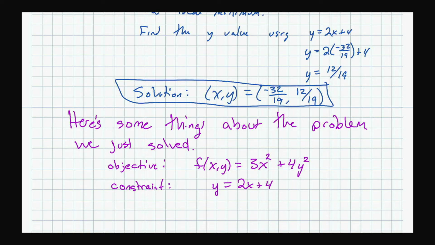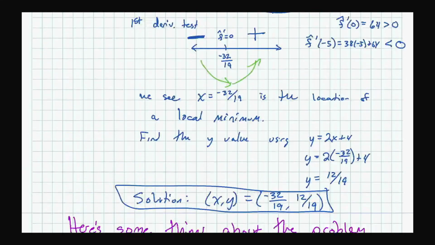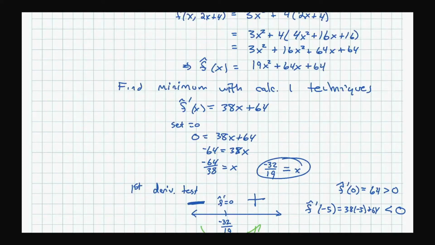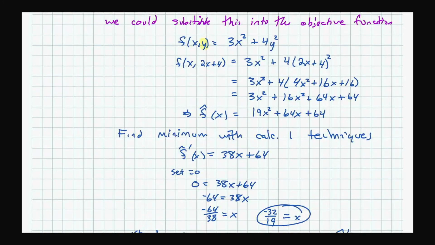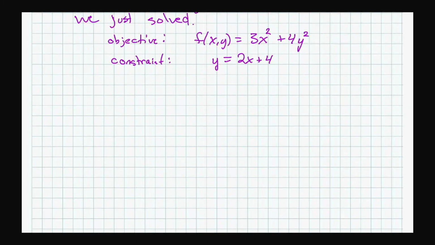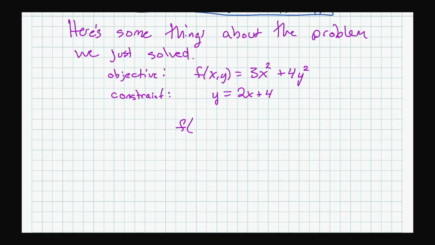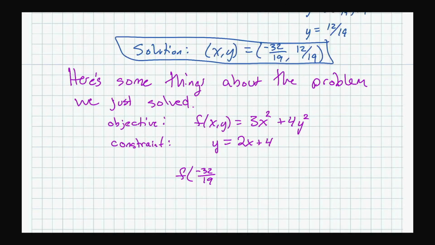So our function was 3x squared plus 4y squared, right? So if you have f of negative 32 over 19 and 12 over 19, put into 3x squared plus 4y squared, let me just figure out what this number is first of all. 3 times negative 32 over 19, close parentheses, square.